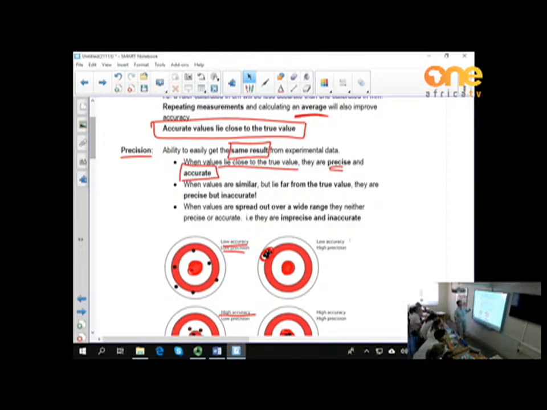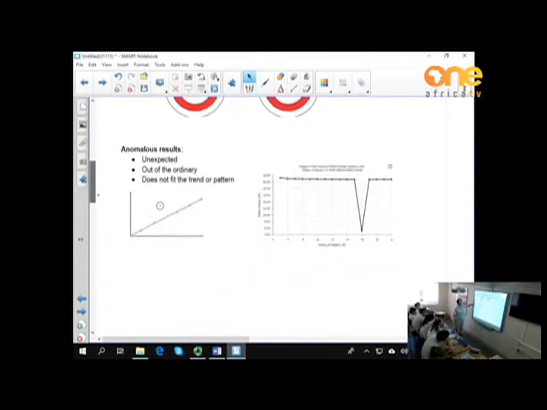Remember, accurate means close to the true value. When values are similar, but they lie far from the true value, our accuracy is low, but our precision is high. And when values are spread out all over the show, we did not work accurately and we did not work precisely. Our answers are not accurate and they are not precise.